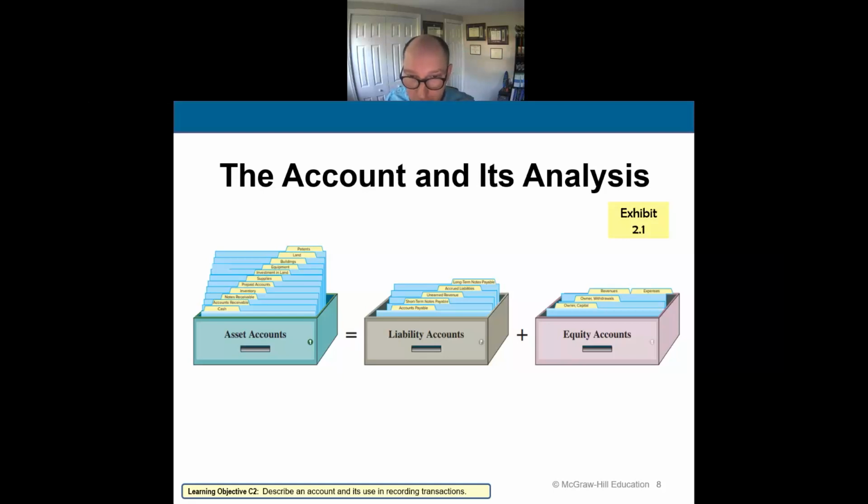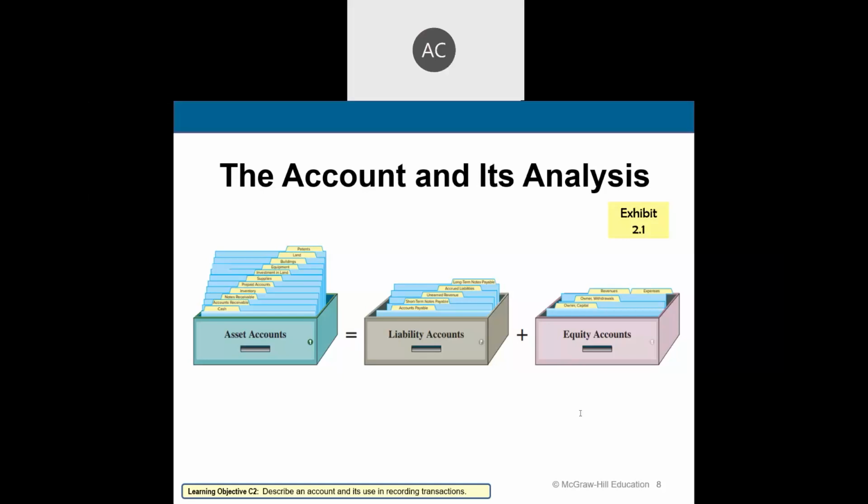This other one you may not have heard yet. Short-term notes payable. Okay, I'm going to break it down for you. Let's say that your company took out a loan from the bank. Professor, I had a question. I was asking if notes payable will be under liabilities. Yes.